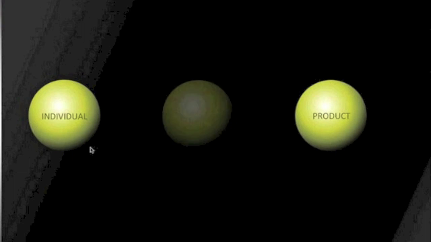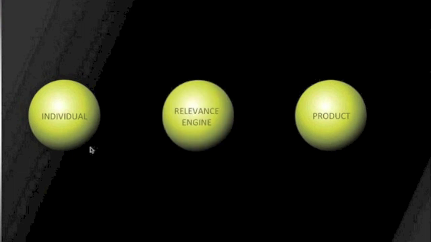Well, what we do is we have a relevance engine, and that relevance engine sits between those products, such as Remedy, and the individuals being notified. We allow the individuals to define what matters to them. So they define their device notifications, their on-call list, their rotation schedule, escalation process. All that information is in the relevance engine.